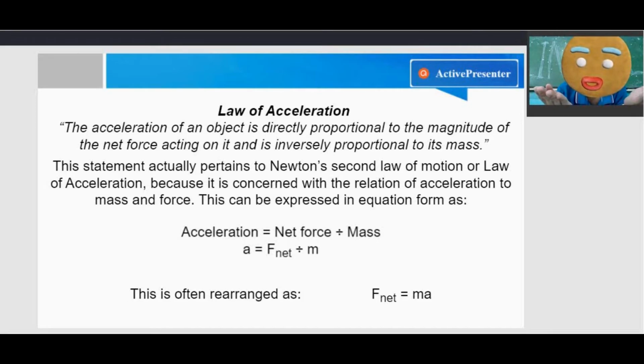But nakaka-apekto din ang mass. Kasi, kanina yung one sack of rice compared to the mug, okay? The same force that we will apply, their acceleration will not be the same.